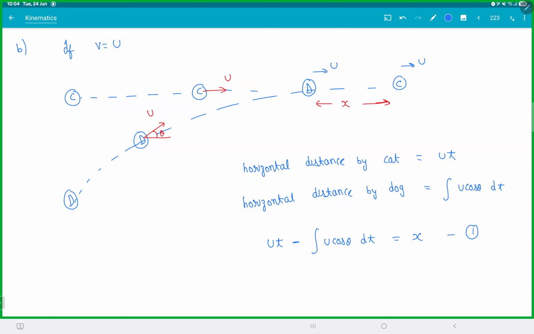Previously, these two used to be equal. Now they're not equal.